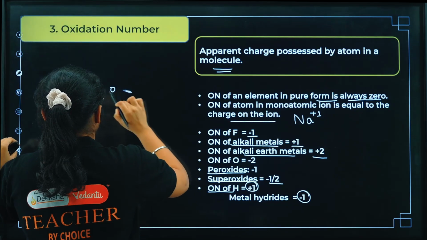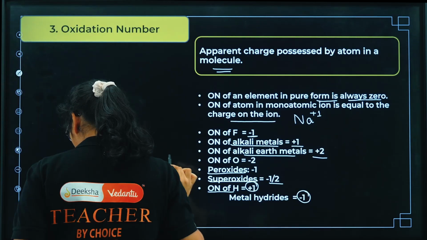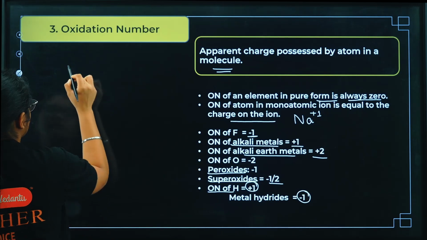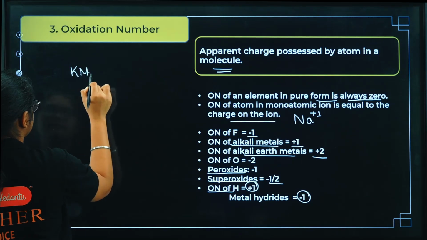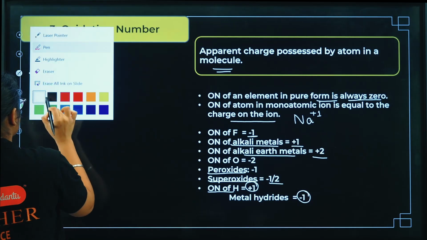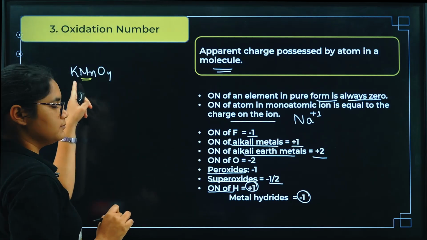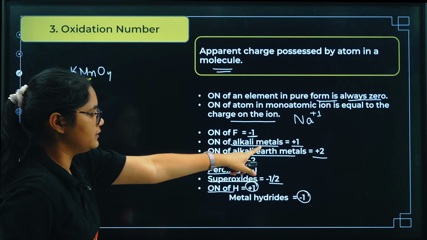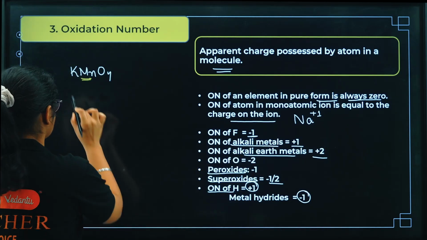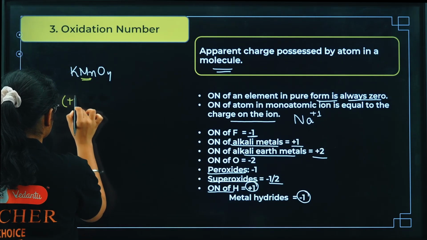Suppose I give you KMnO4. Calculate the oxidation state of manganese. How to calculate? Potassium is a group 1 element, right? A group 1 element will have +1, so the oxidation state of potassium is +1.